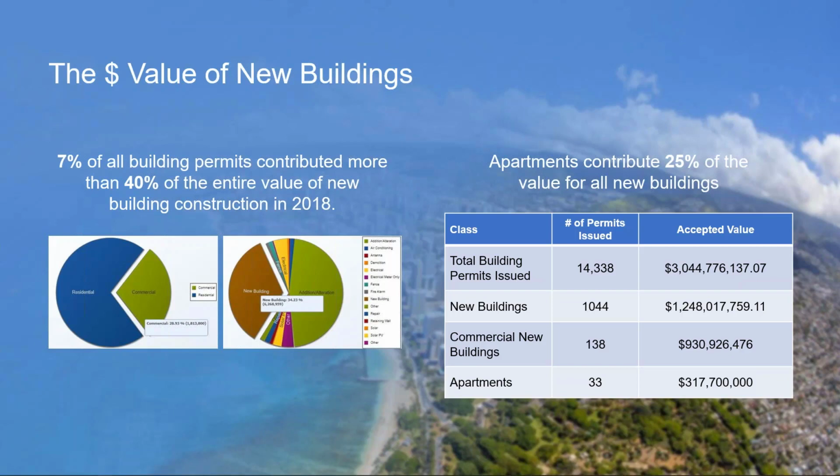So you can see that a very small percentage of our permitted projects contributed significantly to the economic impact in our communities. Of these new buildings, apartments contributed 25% of the value for all new buildings. So the realization is that apartment complex development has a significant impact on both our housing and our local economy. Of all these building permits that we had been issued, only 33 of these permits were apartment development.